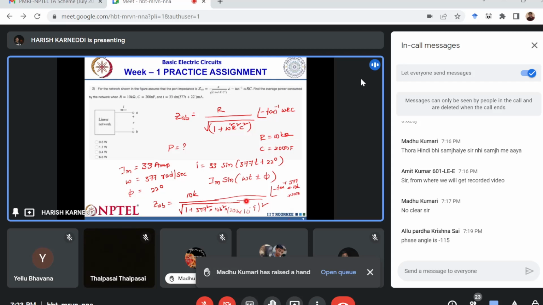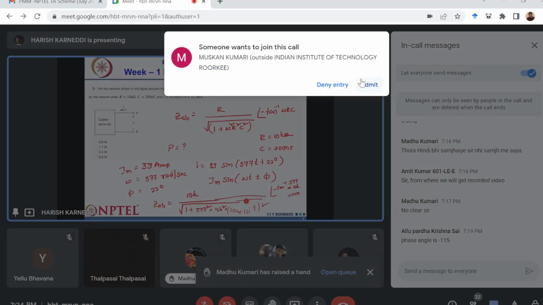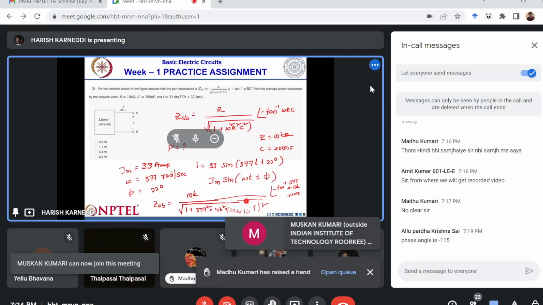One can find out this Z value. What is this value? 377 square into 10k square into 200 nano, that is 200 into 10 power minus 9, square, plus 1.